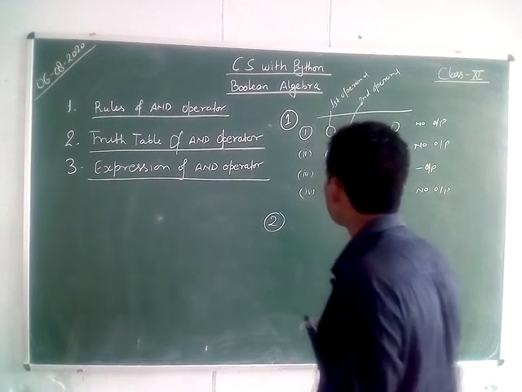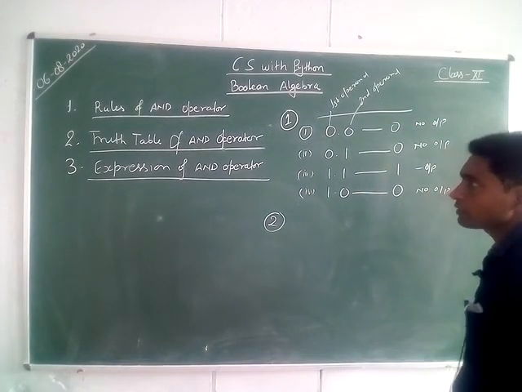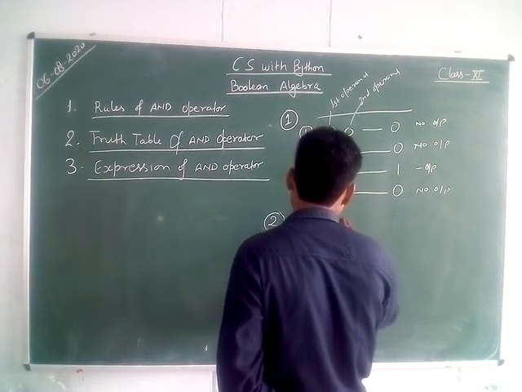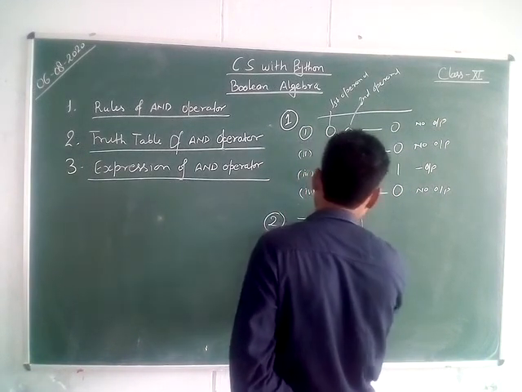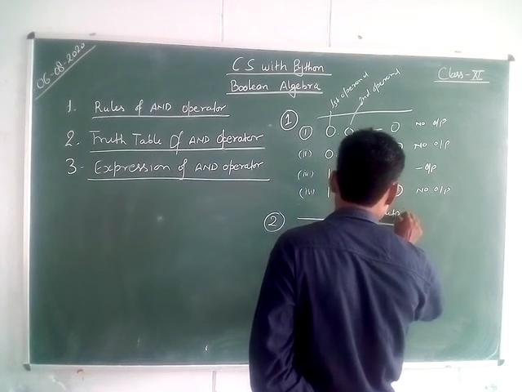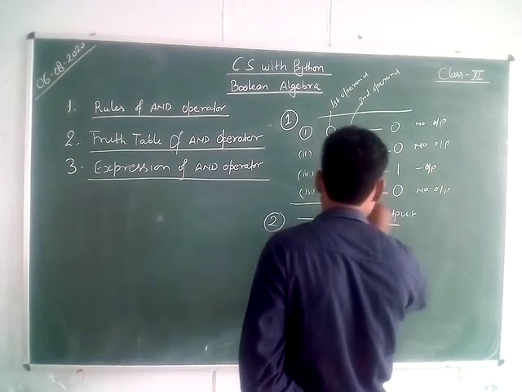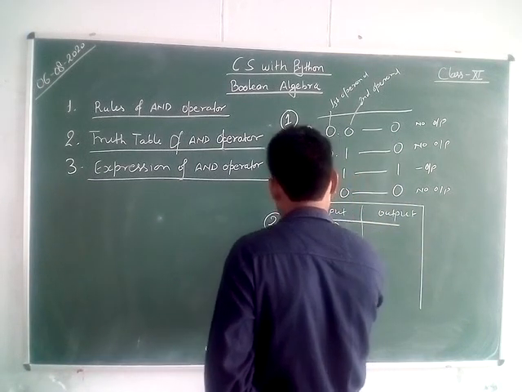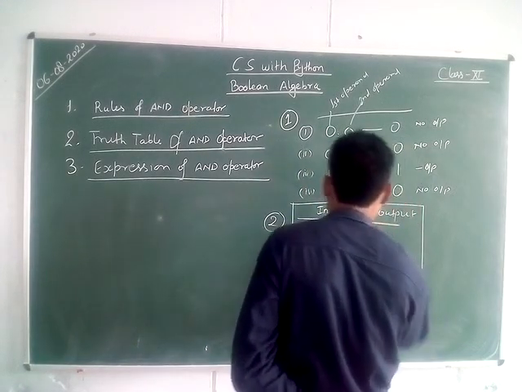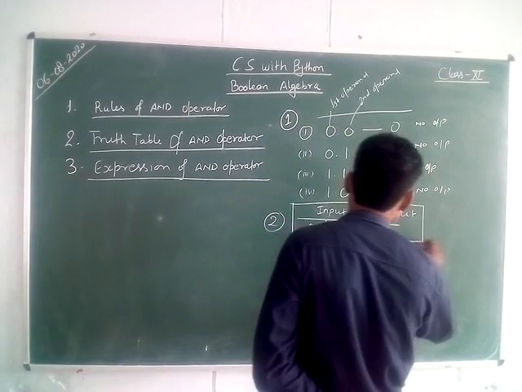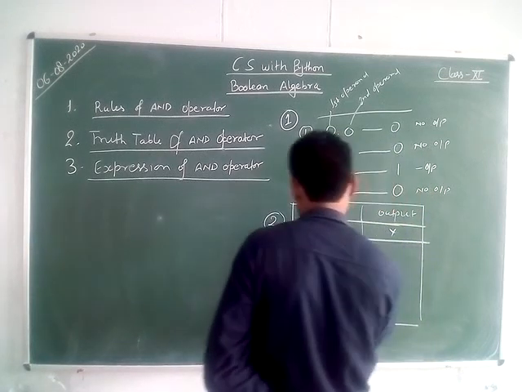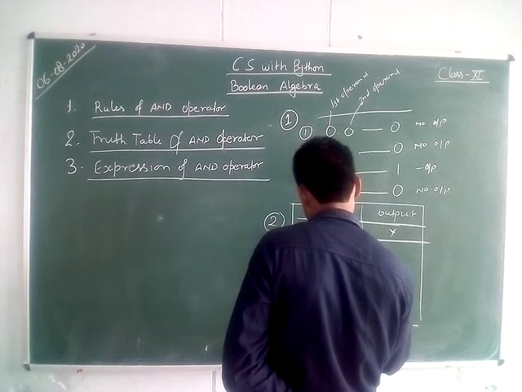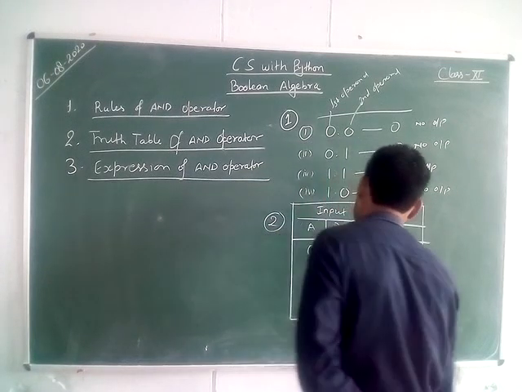For two variables, for two inputs, the truth table of AND gate will be like this: 0 0 0 1 1 1 1 0.